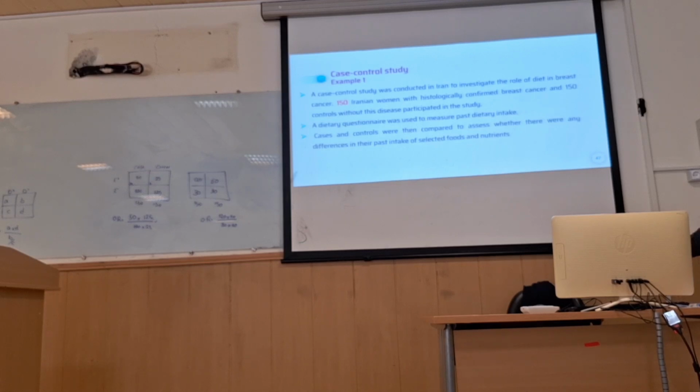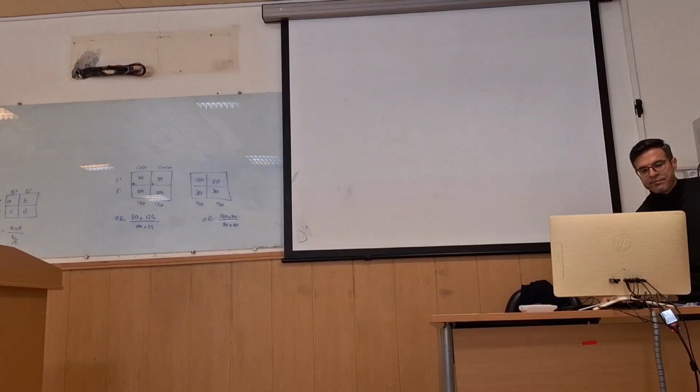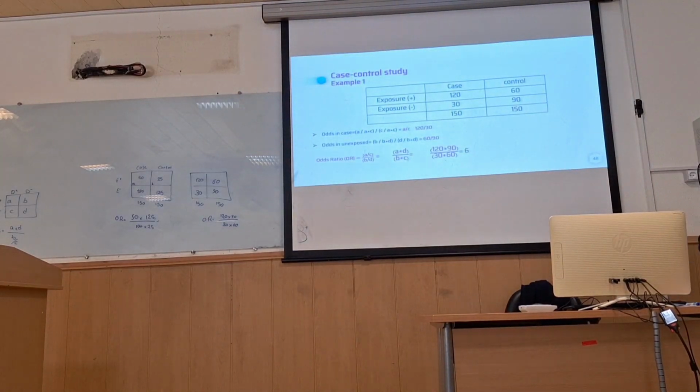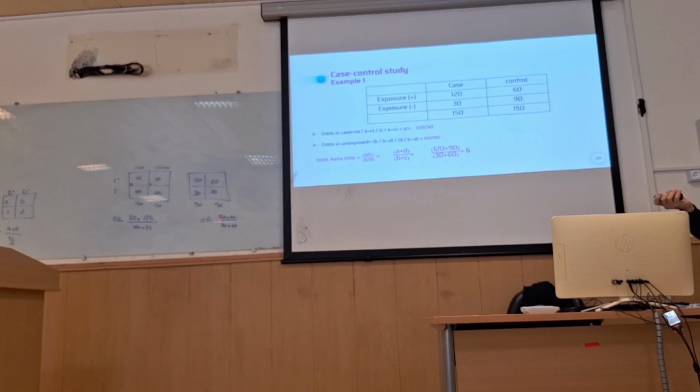Okay. He gave us exposure for cases, and then he gave us exposure for control. Please interpret this odds ratio. It's 6. What does it mean? Positive association.